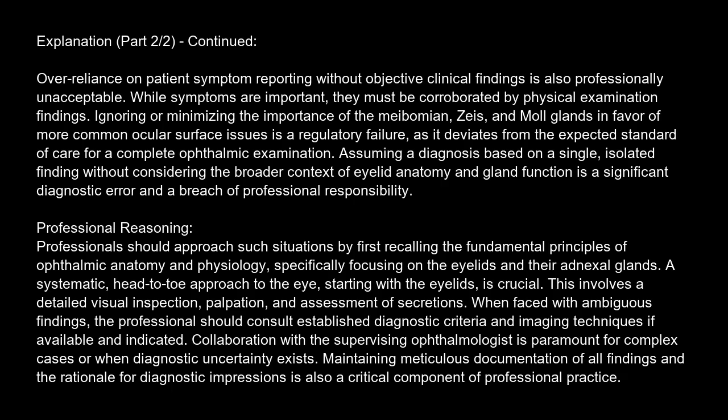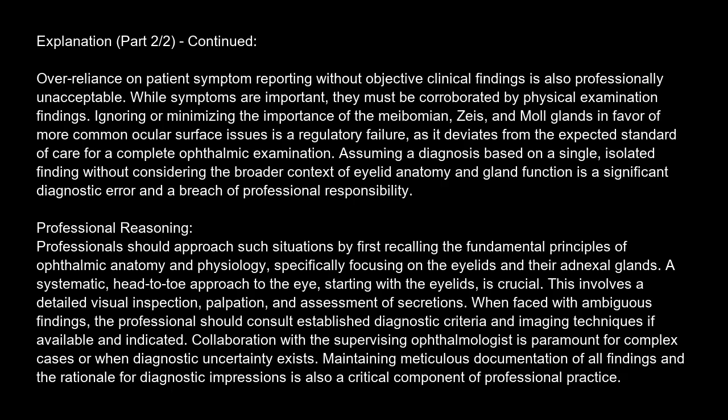Professional reasoning. Professionals should approach such situations by first recalling the fundamental principles of ophthalmic anatomy and physiology, specifically focusing on the eyelids and their adnexal glands. A systematic, head-to-toe approach to the eye, starting with the eyelids, is crucial. This involves a detailed visual inspection, palpation, and assessment of secretions.